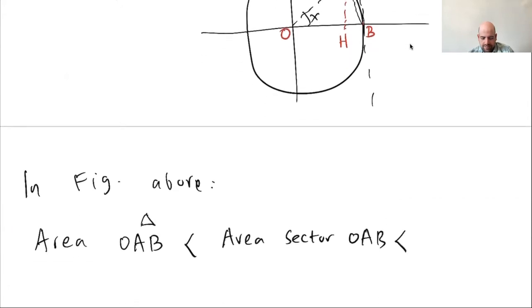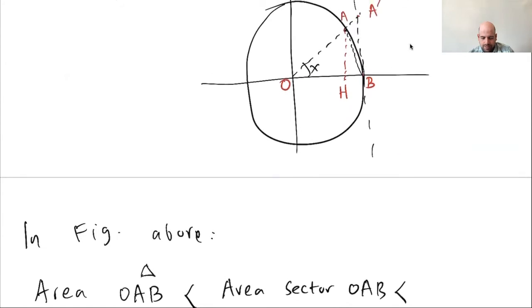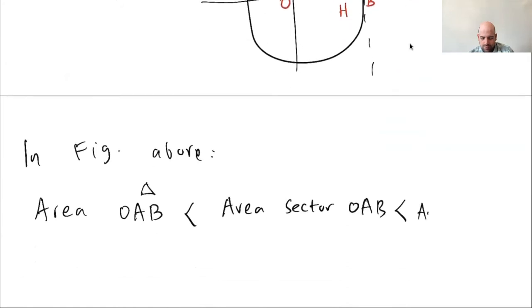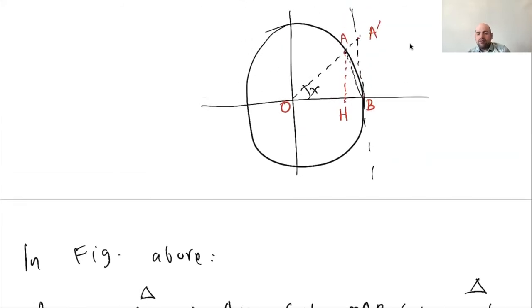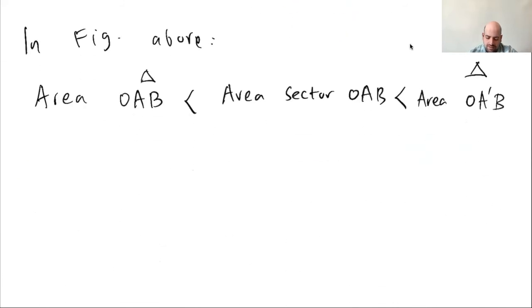And this is less than the area of the triangle OA prime B. So I'm comparing areas of 2 triangles and 1 sector of the circle.